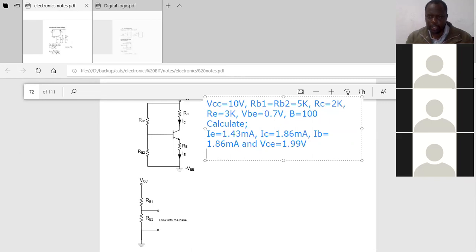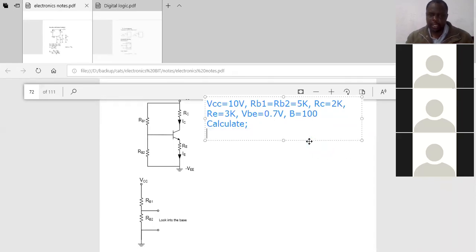So let me do it for you. Let's check which ones you got right. And remember, we are using those formulas.